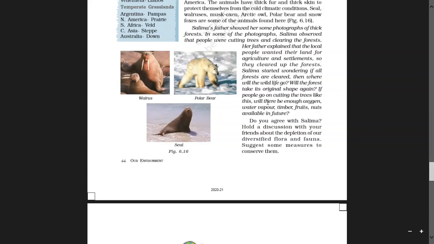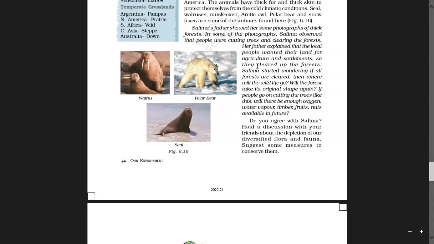If people go on cutting the trees like this, will there be enough oxygen, water vapor, timber, fruits, and nuts available in the future?